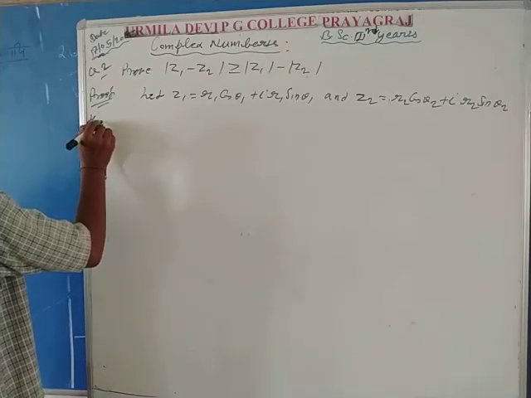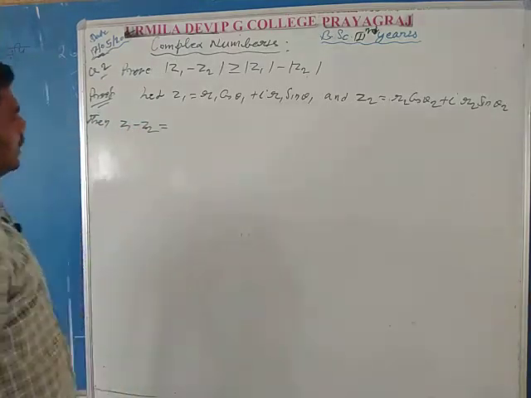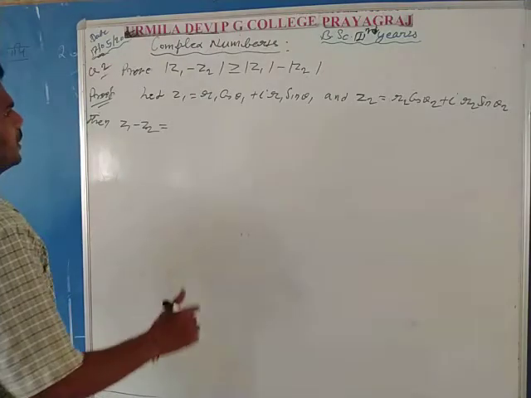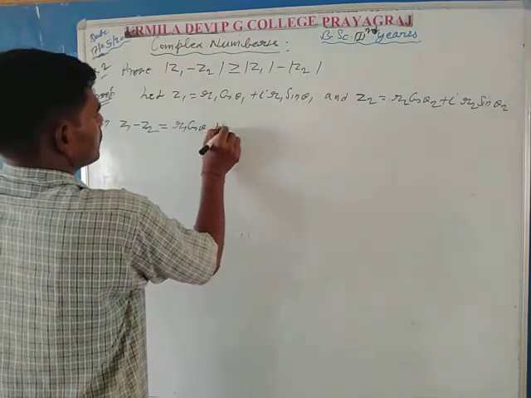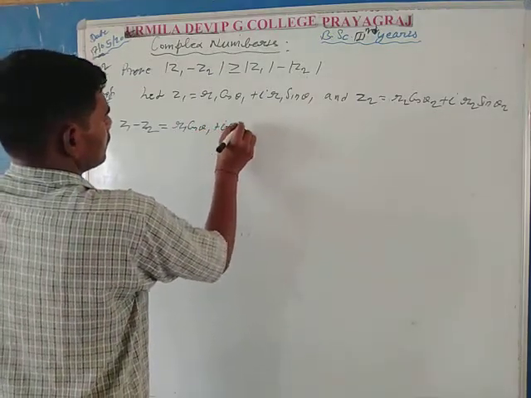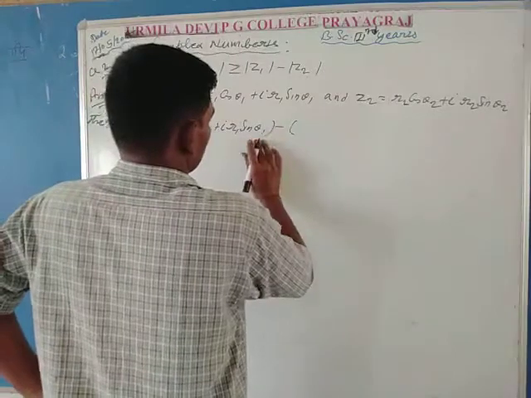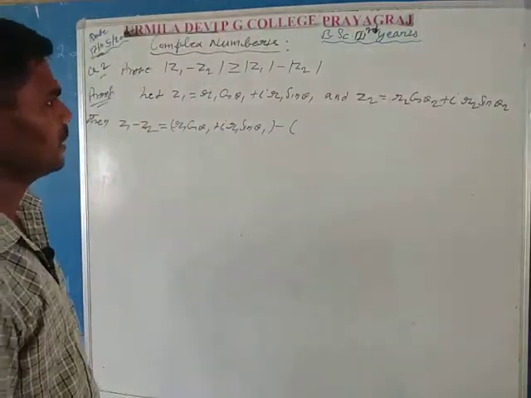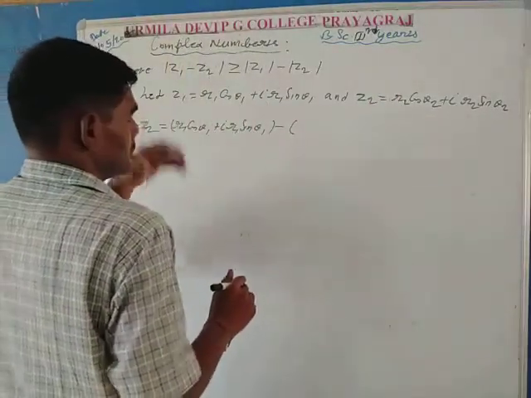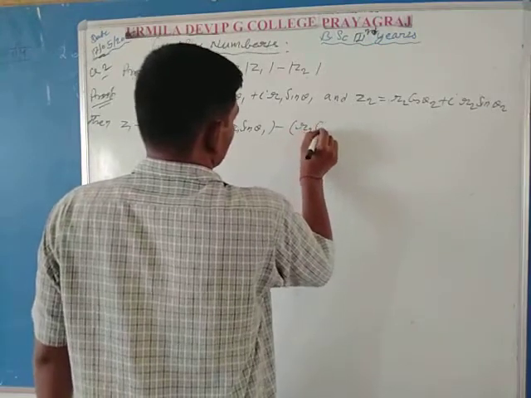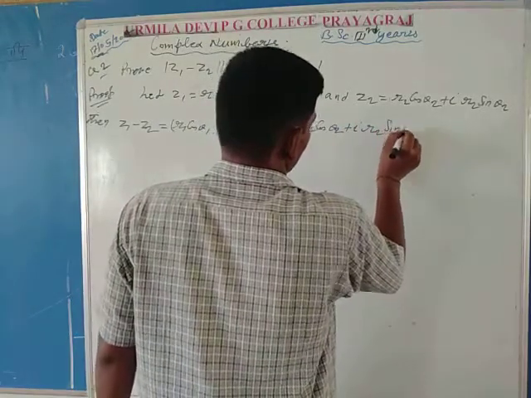Then Z1 minus Z2 is equal to, putting the value of Z1 and Z2, Z1 is equal to R1 cos theta 1 plus I times R1 sin theta 1 in bracket, minus, putting the value of Z2 in second bracket, Z2 is equal to R2 cos theta 2 plus I times R2 sin theta 2.